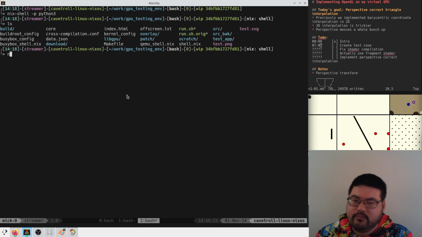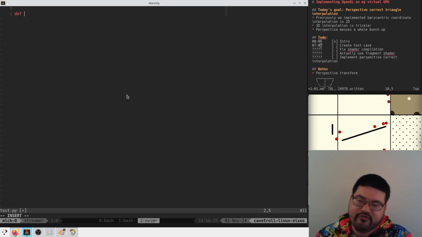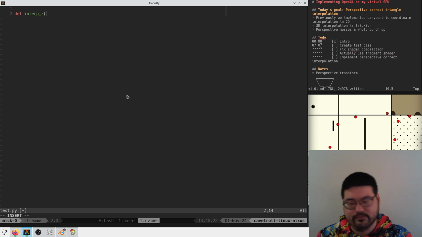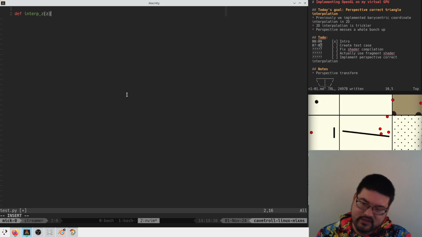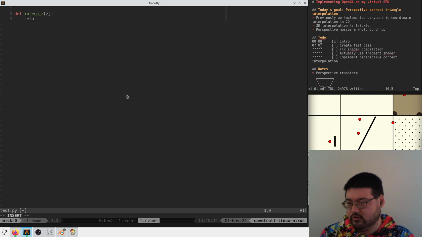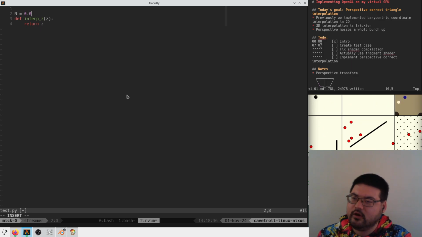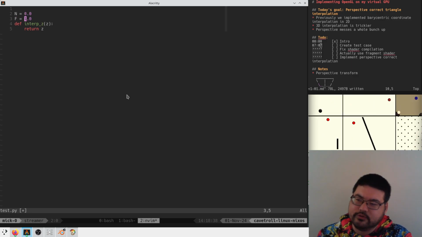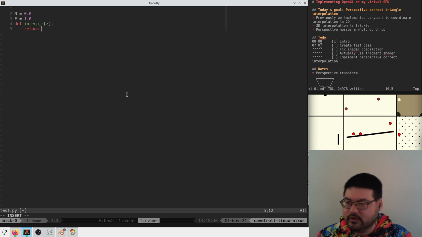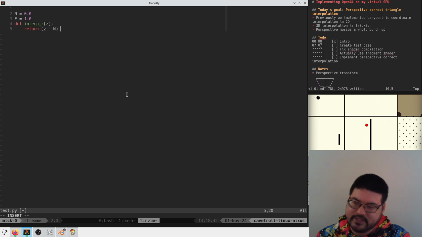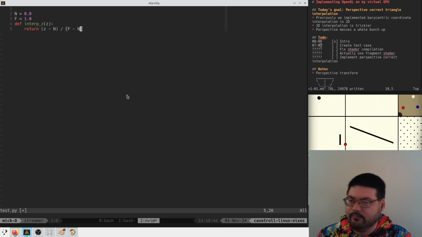So if we go like def interp z or something, right? We're going to take in a z value and try to return a new z value. If we want near equal to 0 and far equal to 1, we do that same formula where we have z minus n over f minus n, right?